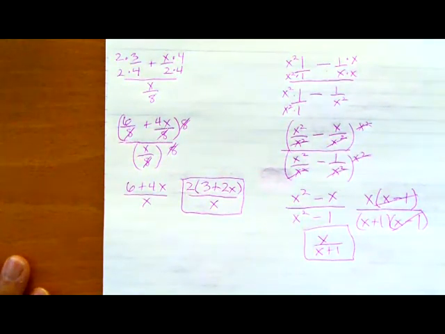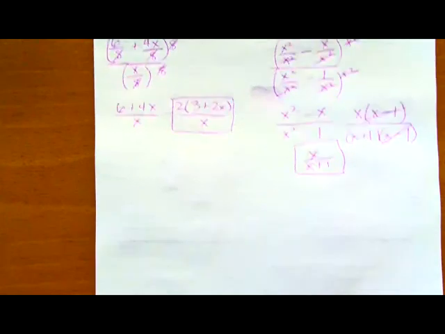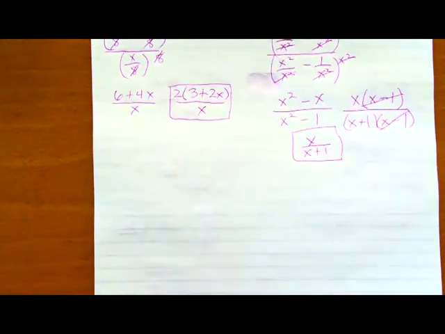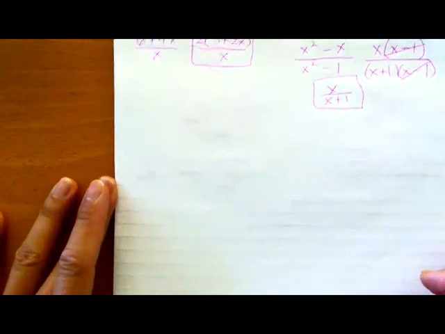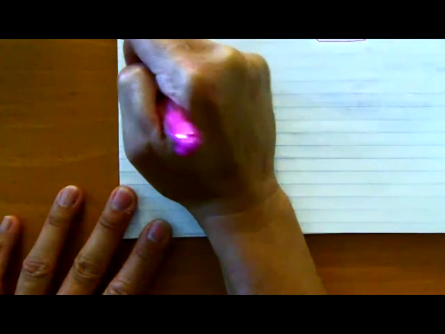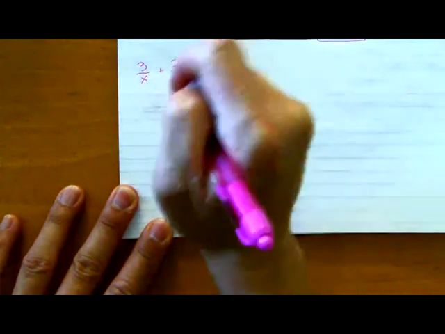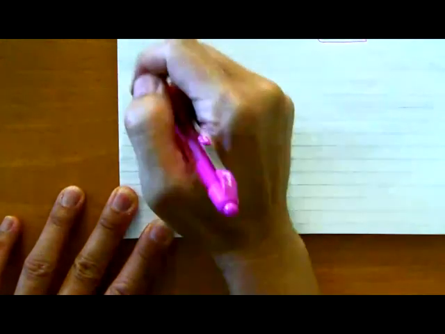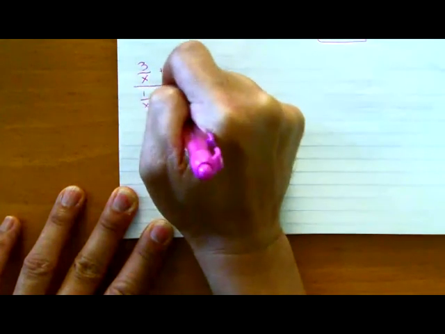Try one more. Three over x plus 2 over x to the second, over 1 over x plus 5 over x to the second.